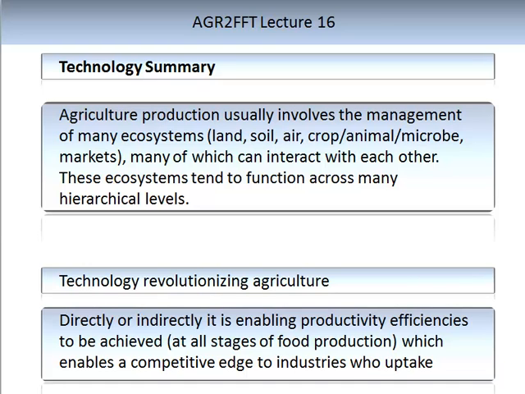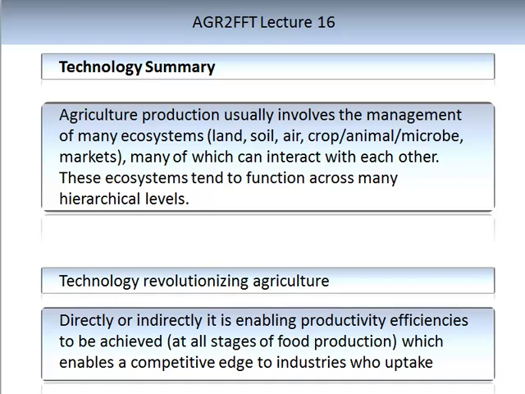It has been shown both in the present and in the past that technology revolutionizes agriculture again and again. It is the successful implementation of technology into agriculture that enables these revolutions in this industry.